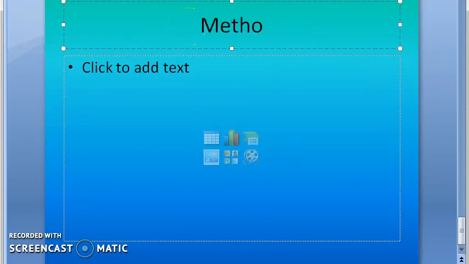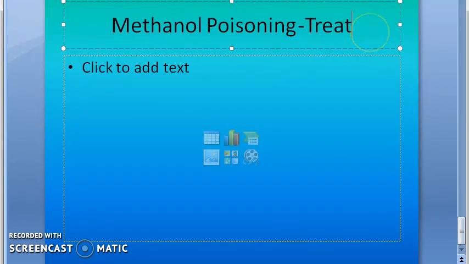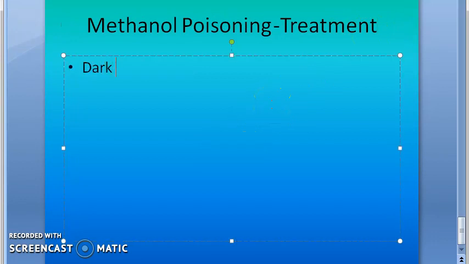So now it is time for revision. We want to revise methanol poisoning treatment, only the treatment part. What will you do? You will put the person in a dark room, you will give ABC, airway, breathing, circulation, and gastric lavage.